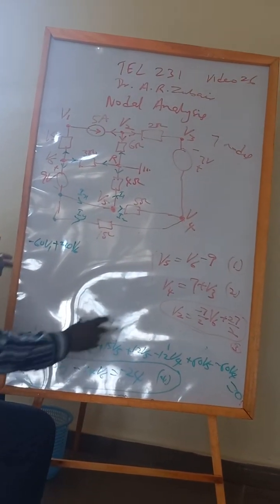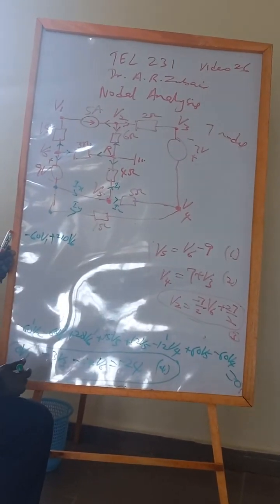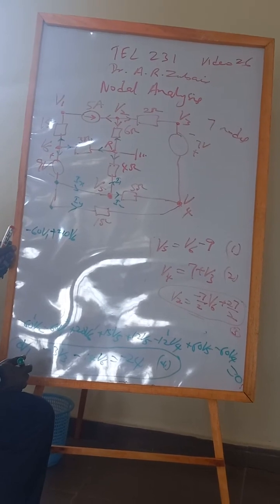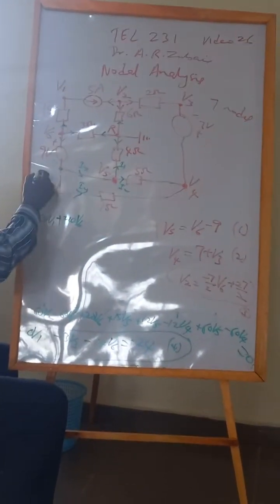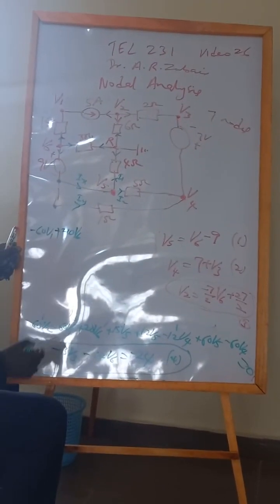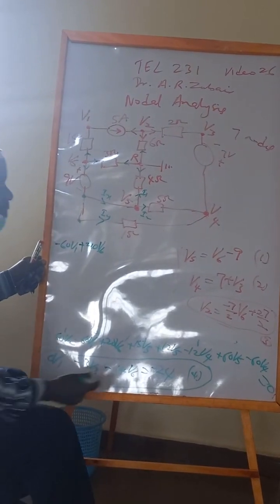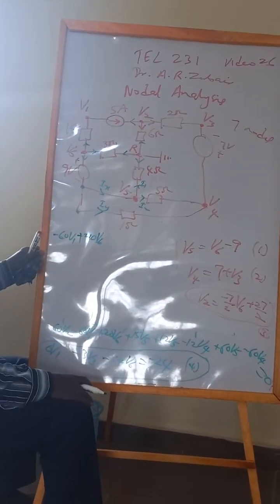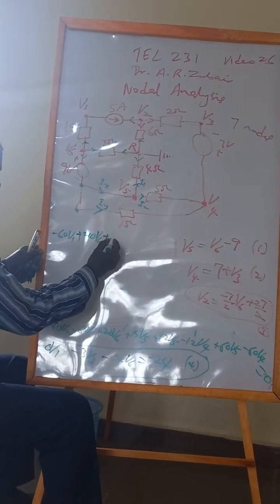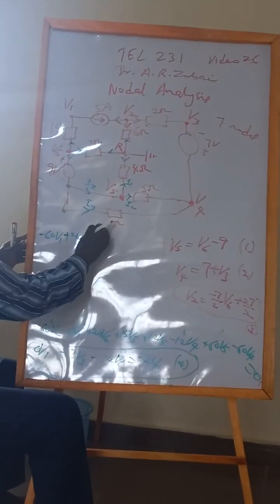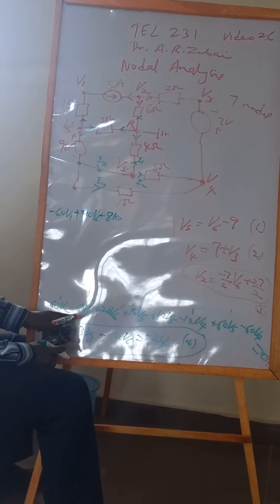This will be 30 times 27. 7 times 30, 810. Minus 810, because there's minus.